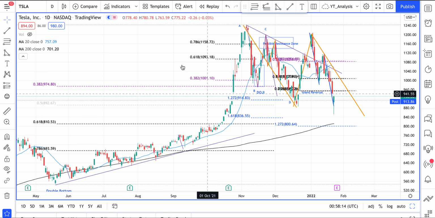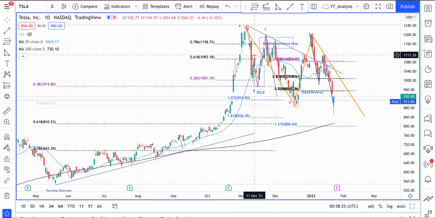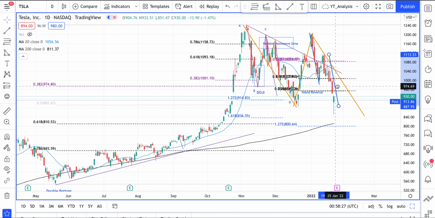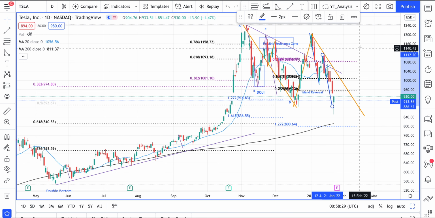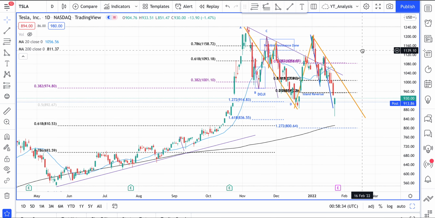Okay, as we know, the overall stock market had a big down day, and then it began to rally towards the close. What Tesla did is something really interesting: it has formed an ABCD pattern.